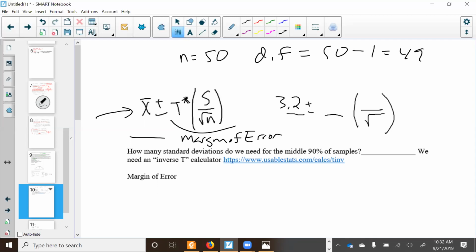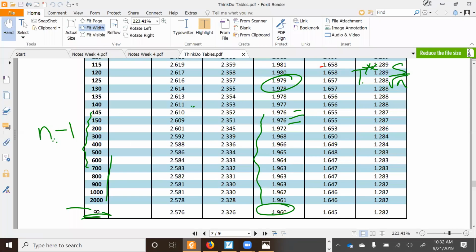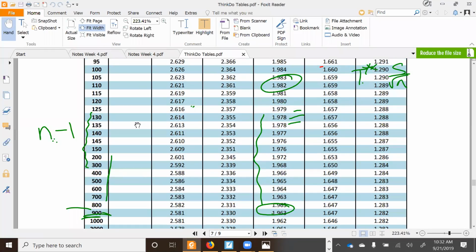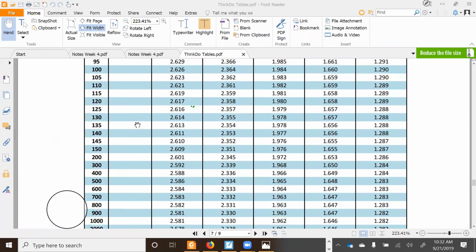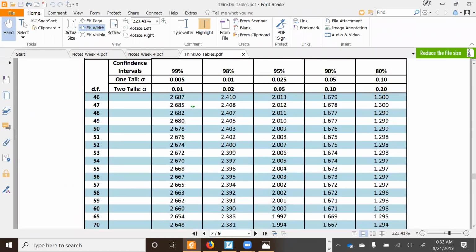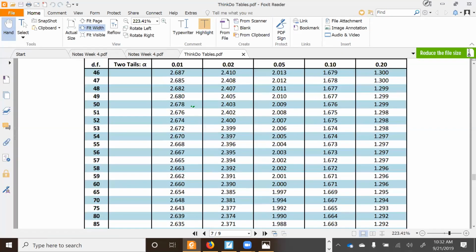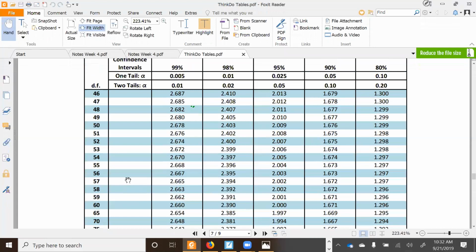We want a 90% confidence interval. So I'm going to come back to that T table. Back in the old days, we had to do this. My degrees of freedom is 49, and I want a 90% confidence interval.